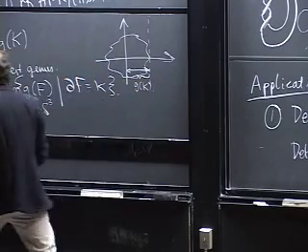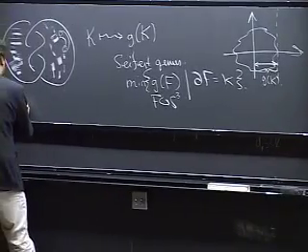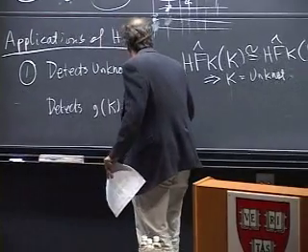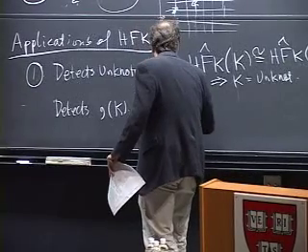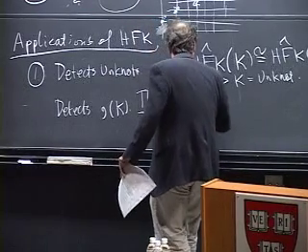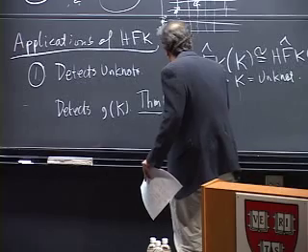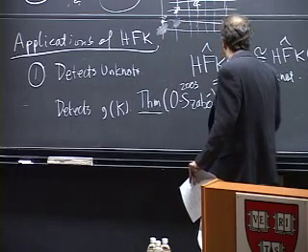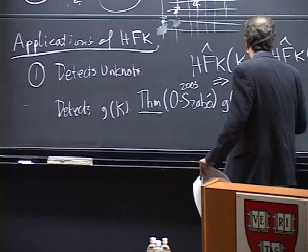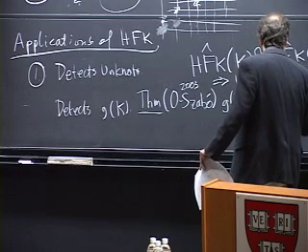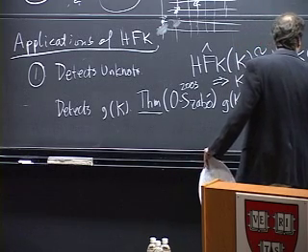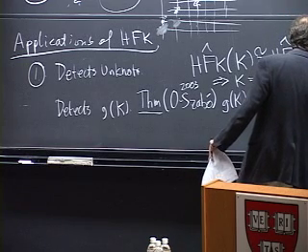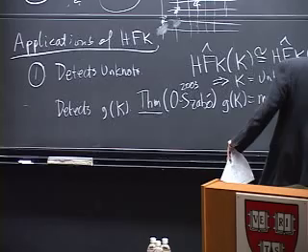Or said differently, the theorem here, and this is a theorem that we proved with Zoltan around 2003, is that the Seifert genus of the knot is equal to the maximum of all integers S such that the knot Floer homology group K_S is non-trivial.